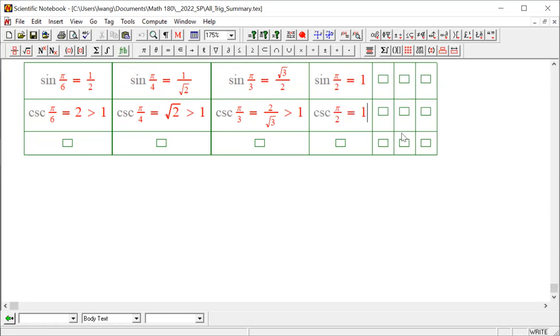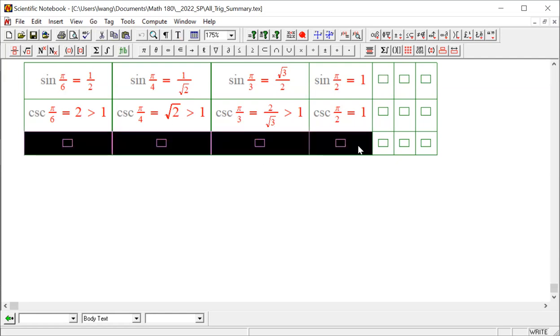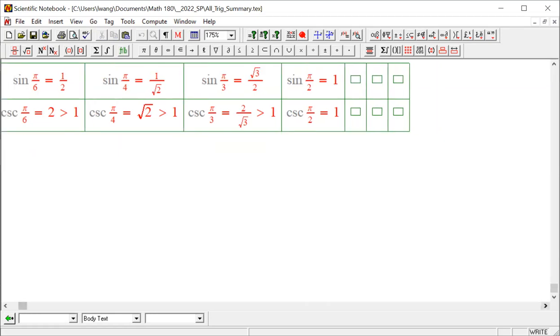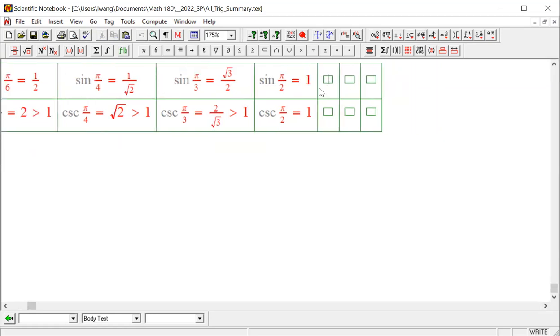The reciprocal of 1 is 1. If you keep doing this, you're going to have a table that shows you all the values. All of these, of course, are positive numbers. Then you can work on some negative numbers.